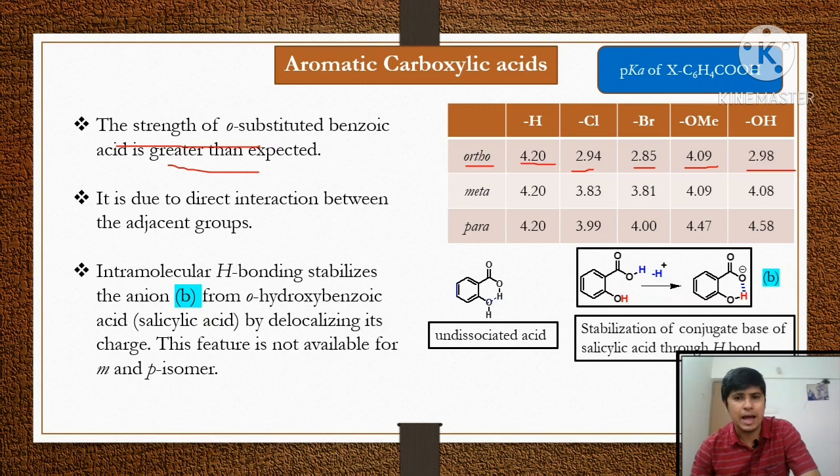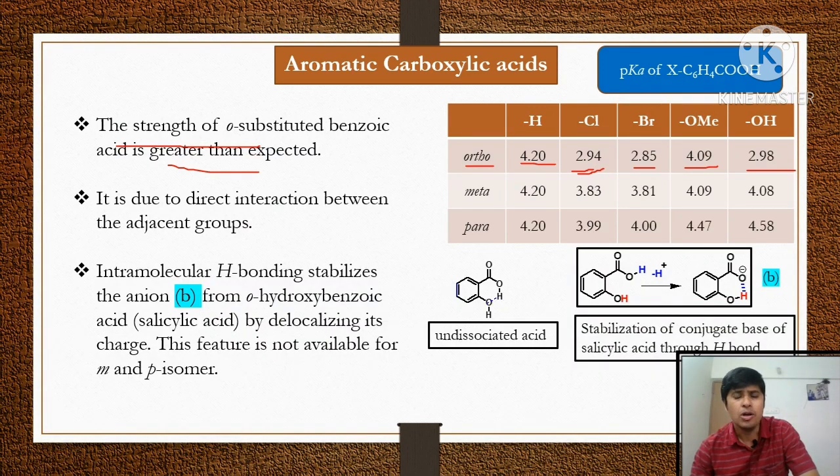But for orthochlorobenzoic acid the pK value is 2.94. It decreases, which means orthochlorobenzoic acid is stronger than benzoic acid. For orthobromobenzoic acid the pK value decreases compared to benzoic acid, but increases compared to orthochlorobenzoic acid, as the electronegativity of chlorine is more compared to bromine.